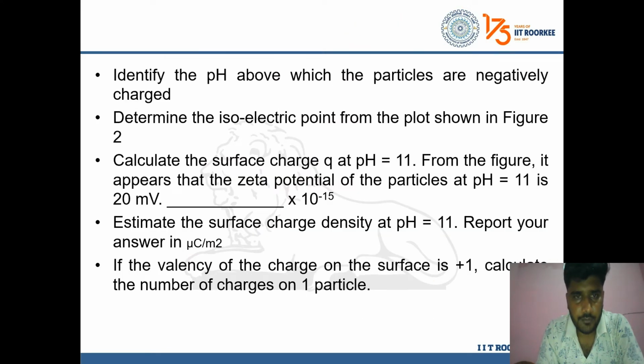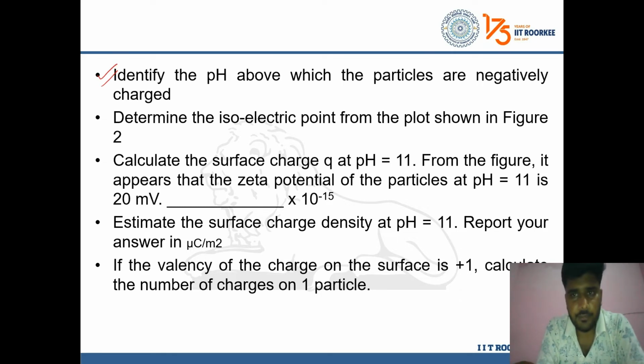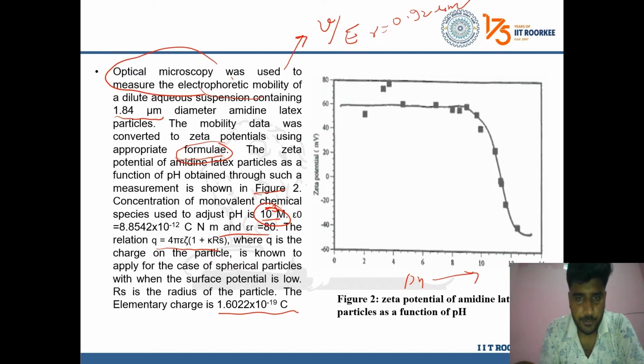The first question is to identify the pH above which the particles are negatively charged. To identify the charge, you just have to see the sign of the zeta potential value. Here you can see minus 20, minus 40 and minus 60.